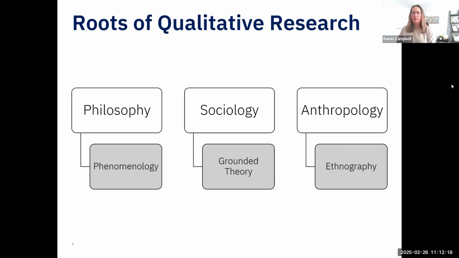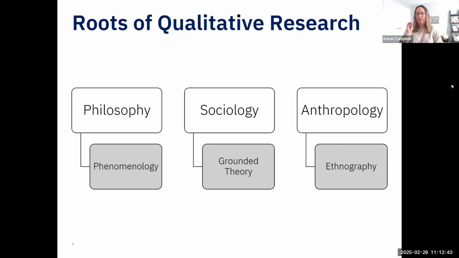And each one of those comes from a place of creating knowledge that helps us to philosophize about the world, to understand the processes, the way that people work in society, or the way that cultural groups share beliefs and work through their traditions.